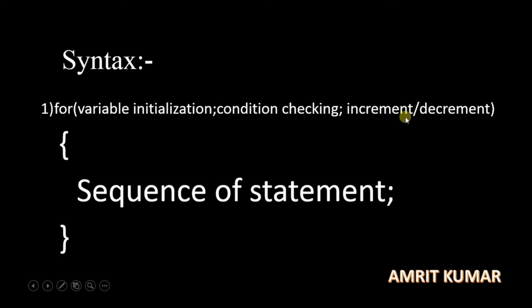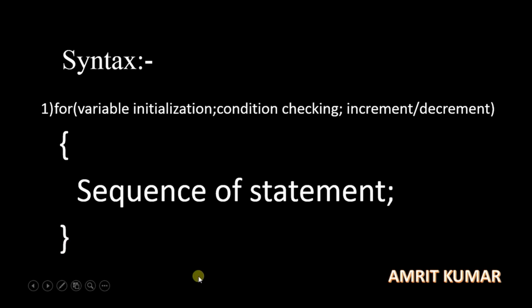When the increment or decrement occurs, it again checks the condition, and if the condition is again true, it again goes into the sequence of statements. Again it goes into the increment or decrement, and in the same way it comes to the condition checking, and if the condition is now false, then it terminates.